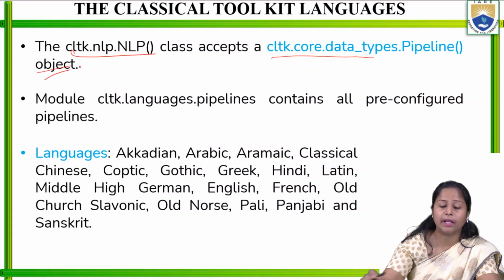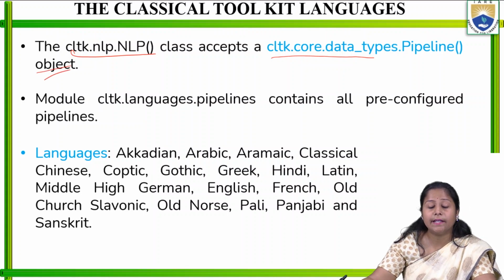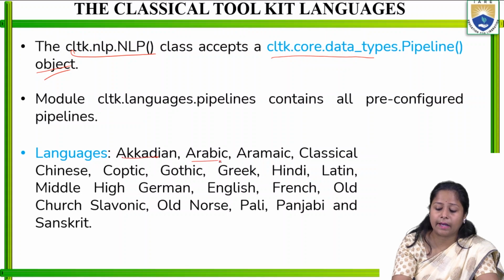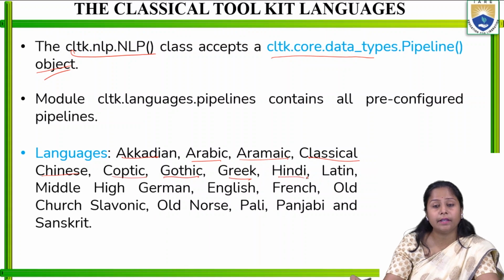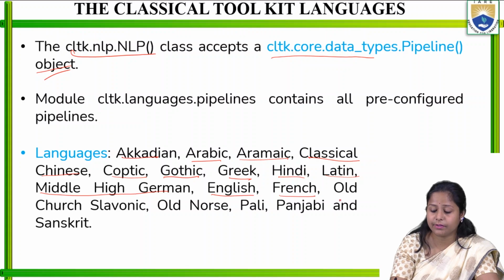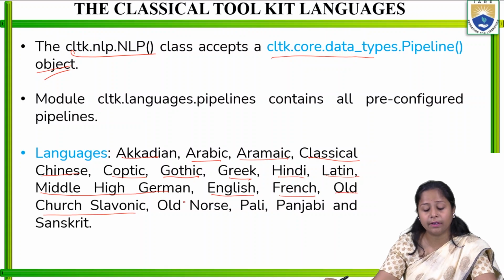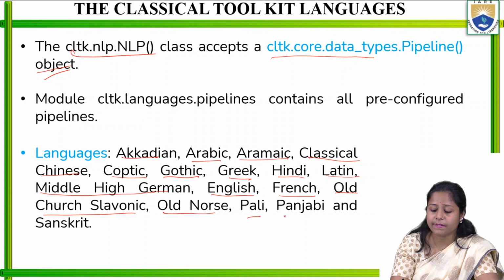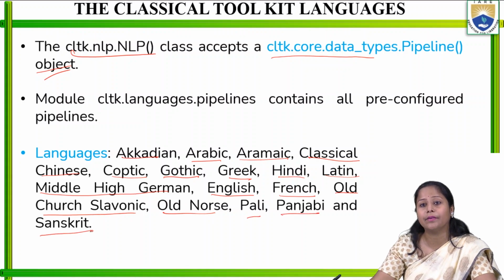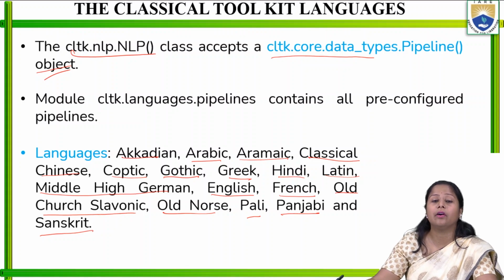The module cltk.languages.pipelines contains all the pre-configured pipelines, supported for 19 languages: Akkadian, Arabic, Aramaic, Classical Chinese, Coptic, Gothic, Greek, Hindi, Latin, Middle High German, English, French, Old Church Slavonic, Old Norse, Pali, Punjabi and Sanskrit. So these are the languages it supports with the help of pre-configured pipelines.